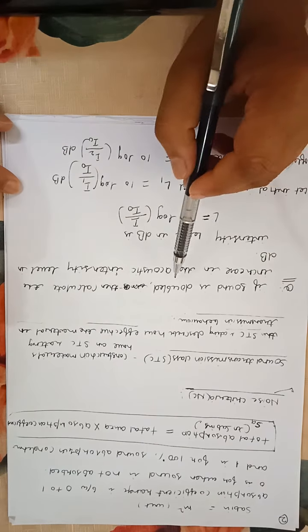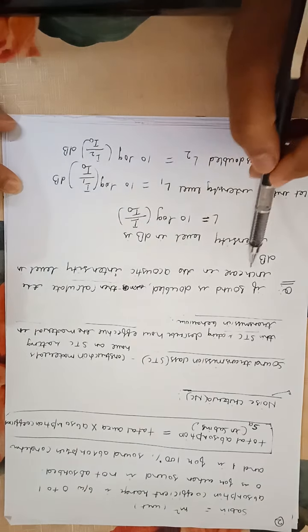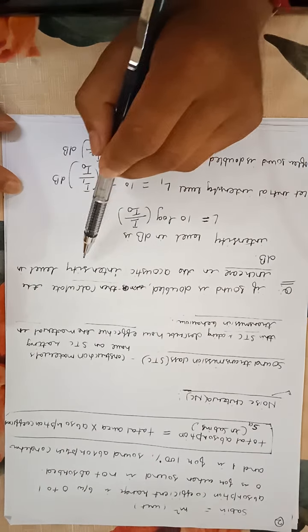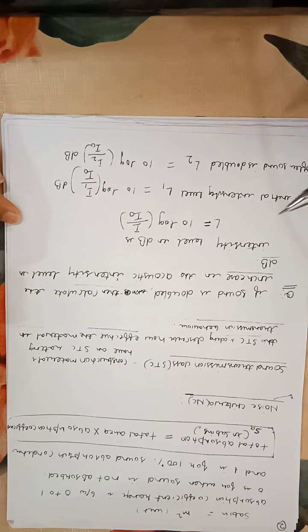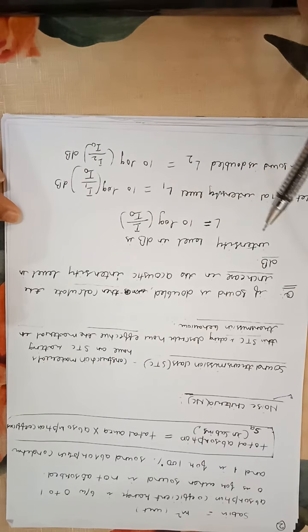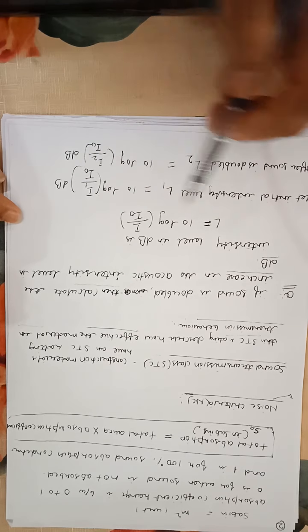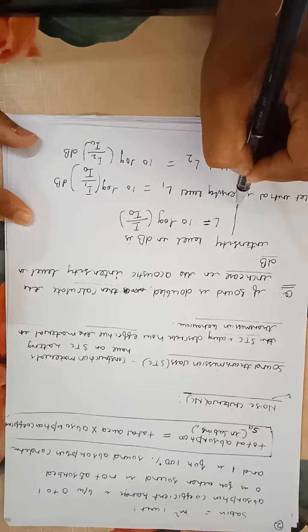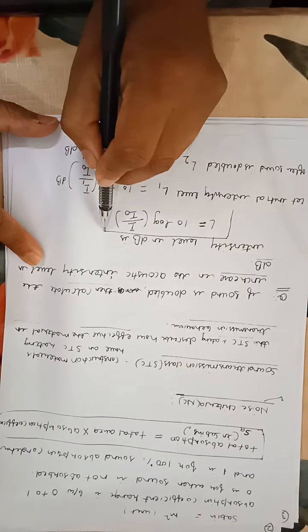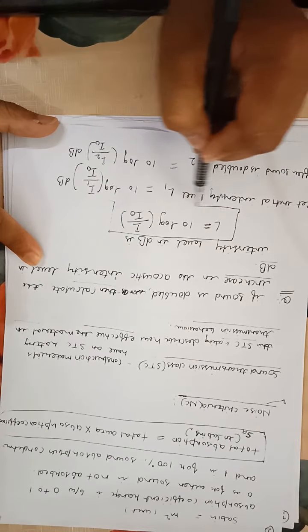Example: if sound is doubled, then calculate the increase in the acoustic intensity level in decibel. So the sound is doubled, and we have to calculate the intensity level. Intensity level in decibel is L is equal to 10 log (I over I naught).